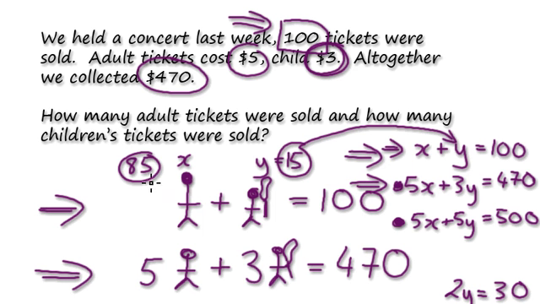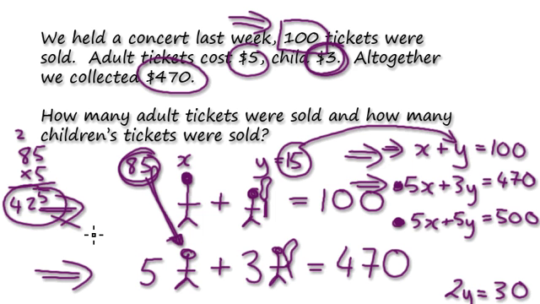Let's put this into here. So 5 times 85, what's that? Remember, if you put 85 into here, that represents the number of adults, and each adult ticket costs $5. So 85 times 5: 5 times 5 is 25, carry the 2, 5 times 8 is 40, plus 2 is 42, so this here would be 425.